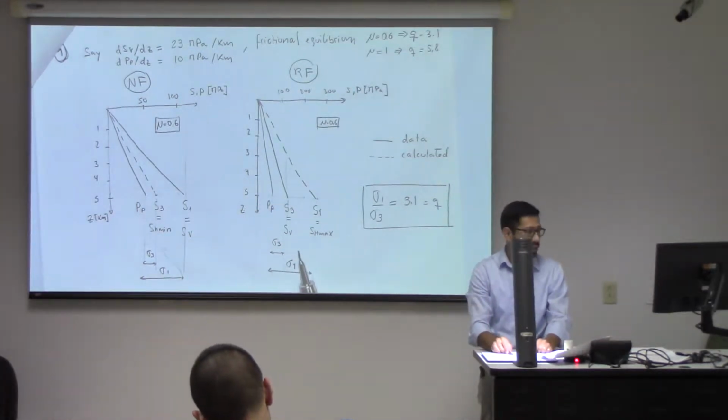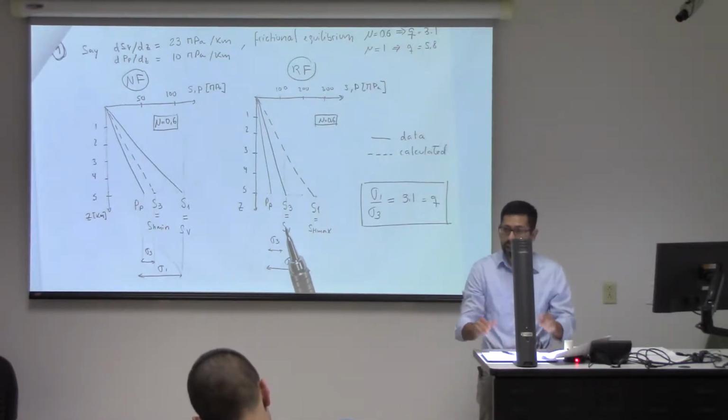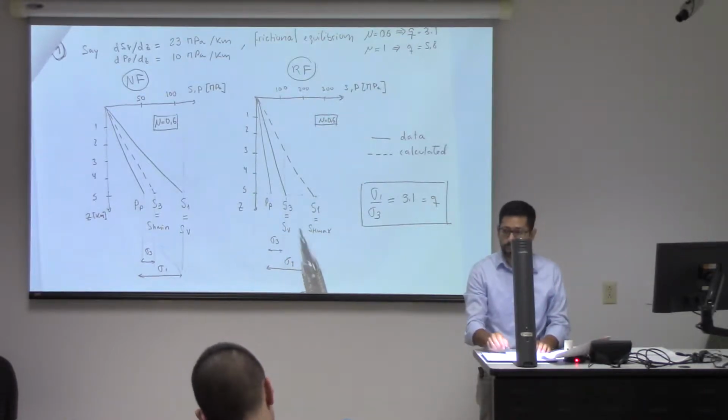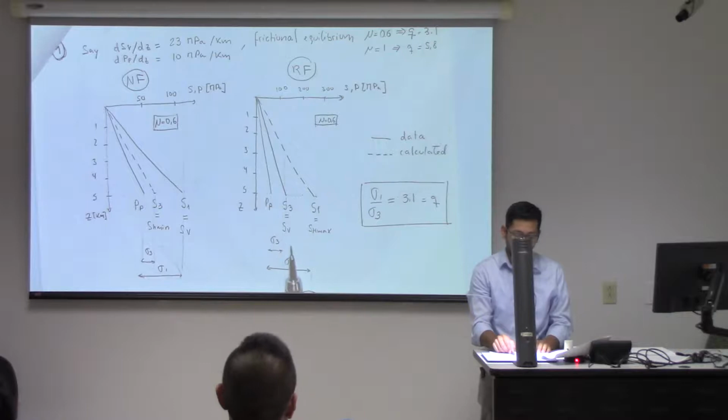In reverse faulting now, you have a different case. It's still the SV is the same, but now you know that you're in reverse faulting, and you know that the absolute maximum value is going to be, if this is reverse faulting, now this is S3, the minimum principal stress, and therefore this is going to be sigma 3.